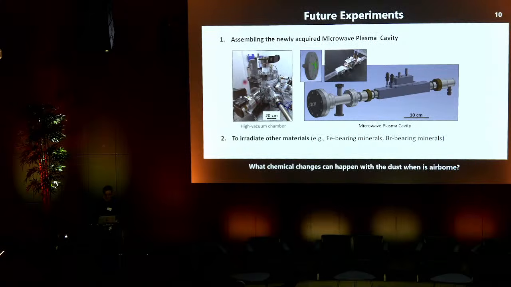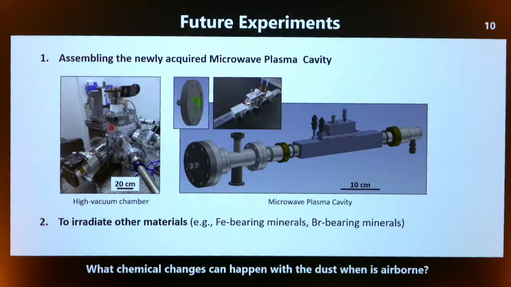And in future experiments, we will be able to isolate the sample from the plasma region. This vacuum chamber also will allow us to perform cold temperature experiments. Then we will be able to irradiate also ice mixtures. And it will also isolate the sample from UV light, which also can impact the oxidation of the material.